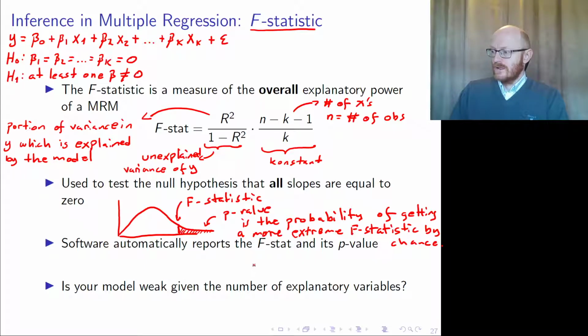Okay, and of course software is calculating this.